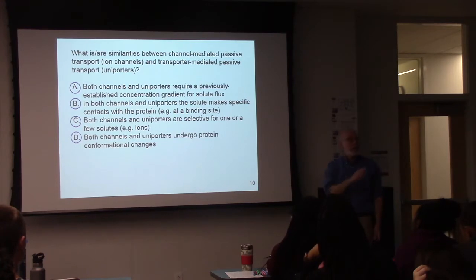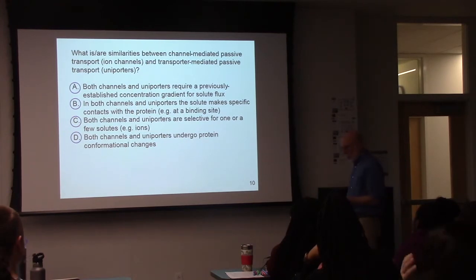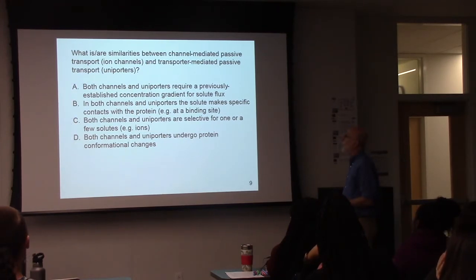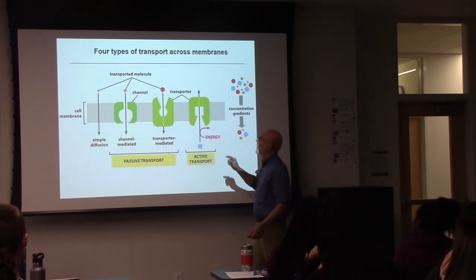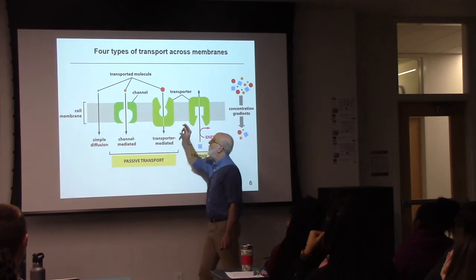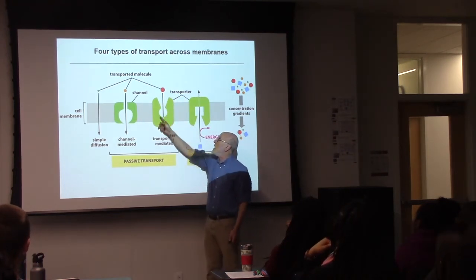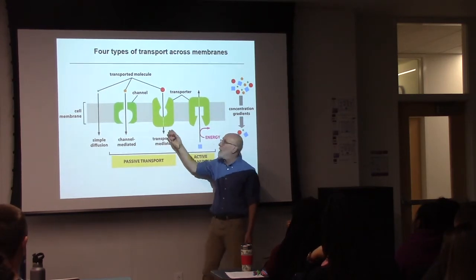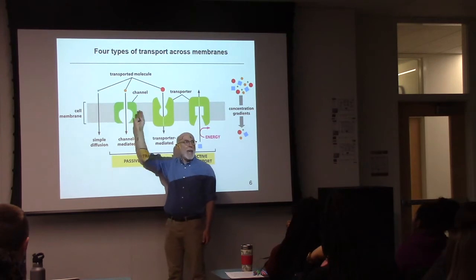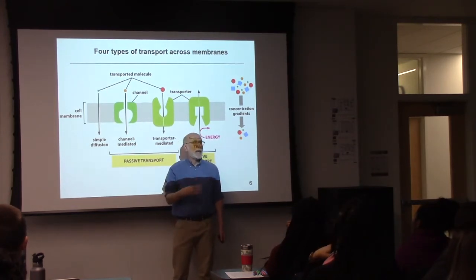Other questions? Yes? Can you go over what channels go through binding? It's clear from your question that you understand that in the uniporter there is an interaction, a binding, and then a conformational change and then unbinding. In channels, the act of selectivity requires at least something like binding.